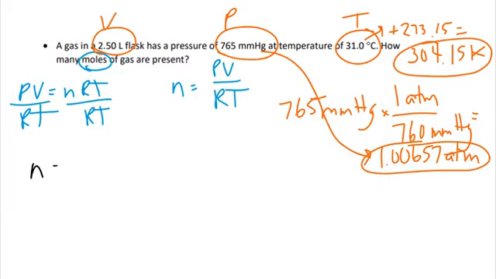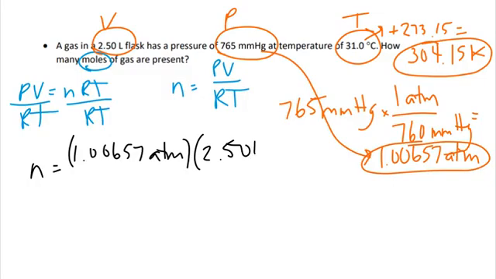So we said N was equal to my pressure, which is 1.00657. So that's my P, and my V is 2.50 liters.